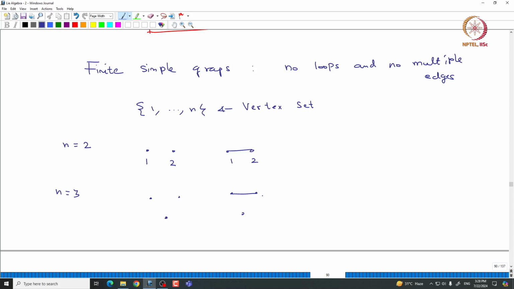We count these unlabeled graphs up to isomorphism with n vertices and a given number k of edges; that is the number we are interested in. So, for n equal to 3 with 0 edges, there is only one graph; with 1 edge there is only one graph; with 2 edges, again only one graph; and with 3 edges there is only one graph. So, the choice of vertices does not matter in the unlabeled graph.